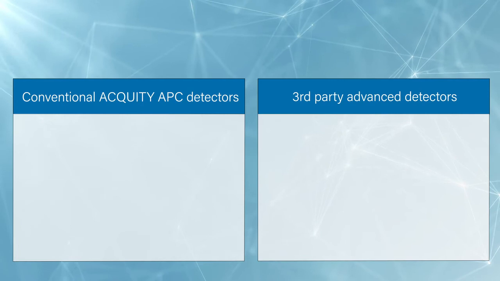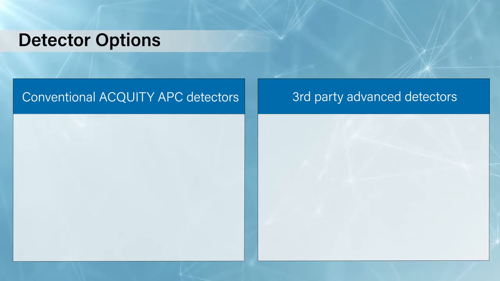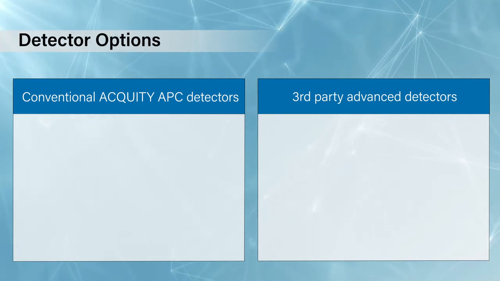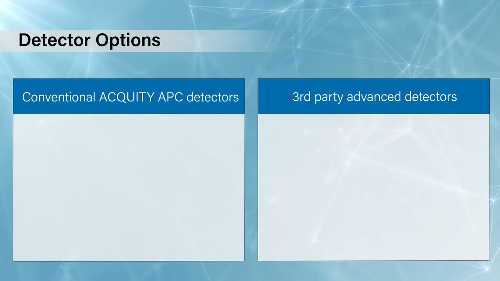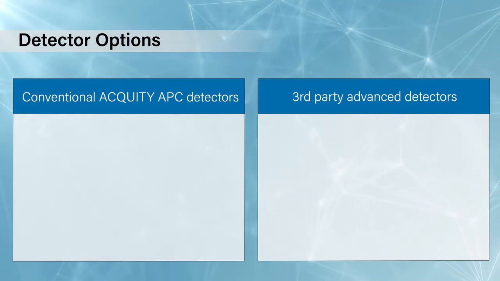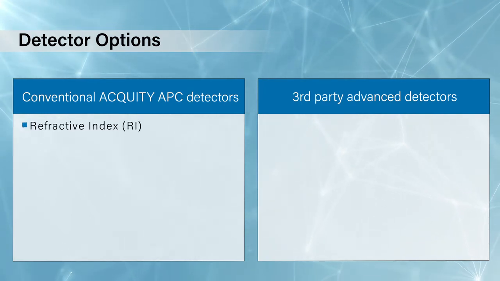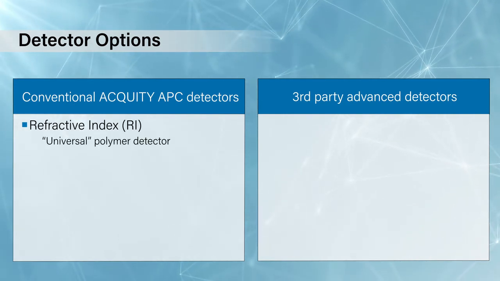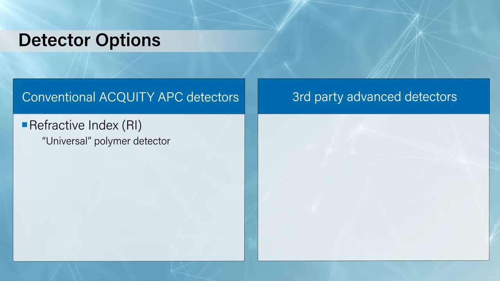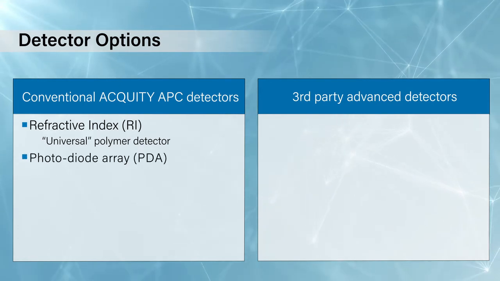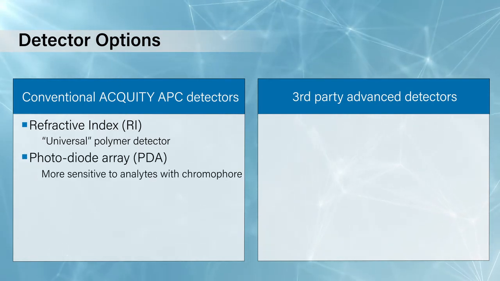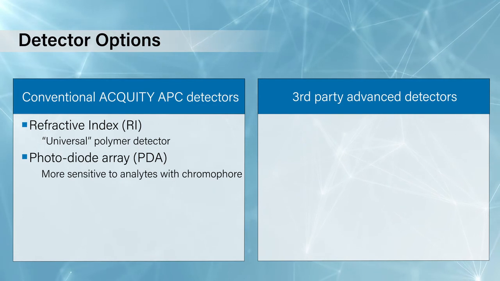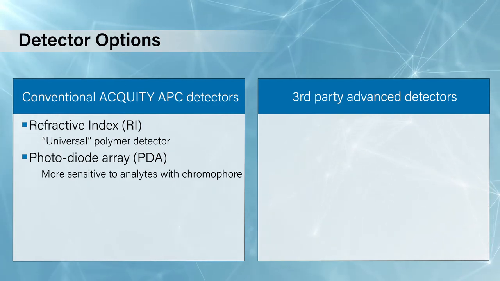And if you're looking at information, there's various levels of information you can be interested in. For example, there are a number of detector options for the APC. Your conventional Acquity APC detectors include the refractive index detector, which is your universal, go-to detector for polymer characterization. We have photodiode array, which is more sensitive to polymers that may have a chromophore or additives with a chromophore.